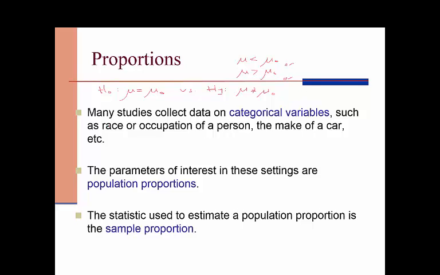Well, now we're going to shift focus and talk about proportions. So our hypothesis, H0, will be p equals some value p0, versus p not equal to some value p0, or p greater than some p0, or p less than some p0.